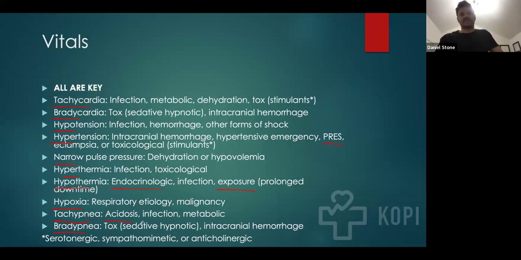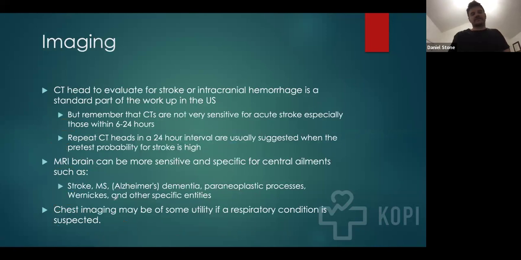Bradypnea, this is kind of assumed, but we see a lot of opioid ingestions in the United States. Sedative hypnotic use is also something that comes to mind when you see somebody who has a shallow breathing pattern and is altered. Bradypnea is also a component of Cushing's triad, so think about central etiology.